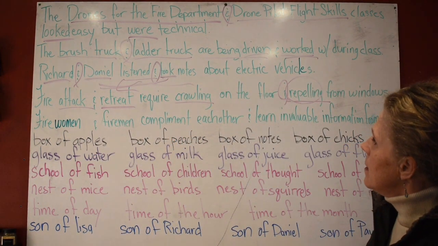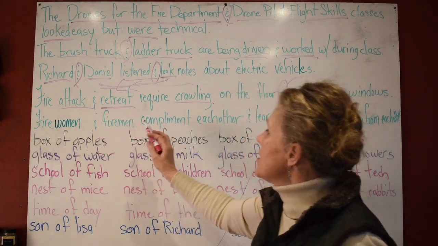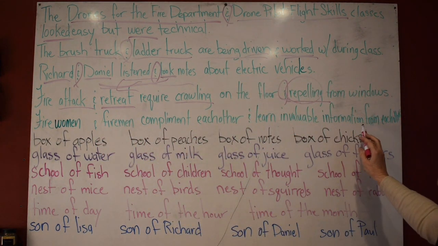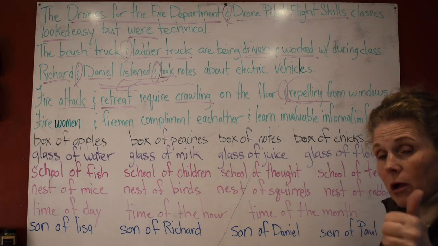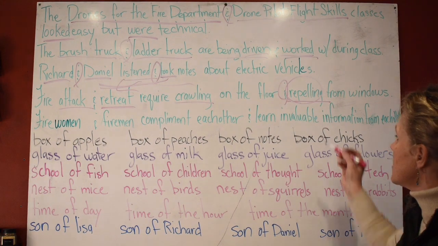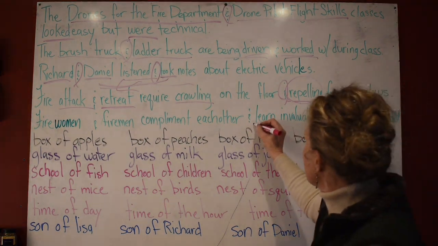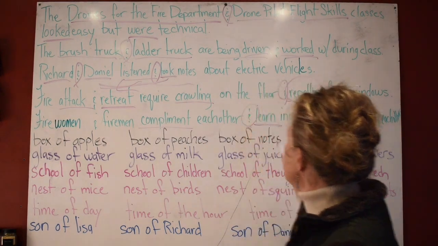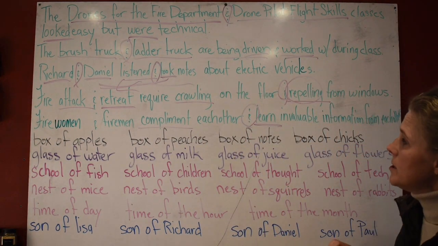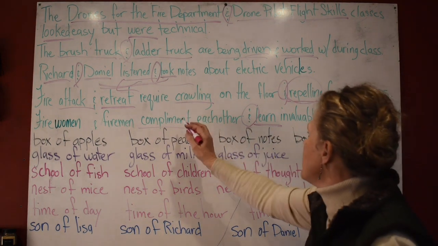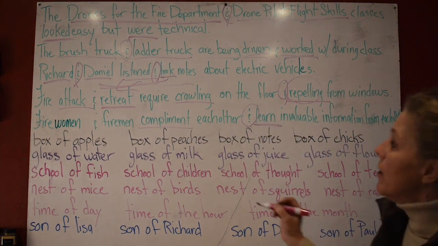Okay? Firewomen and firemen complement each other and learn invaluable information from each other. Your compound simple predicate in this sentence. Learn and complement. There is your coordinating conjunction, and who complements and learns from each other?